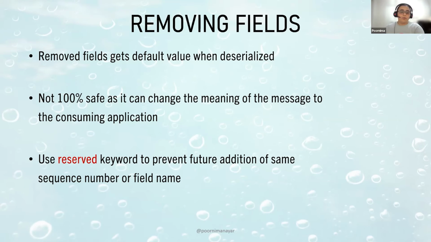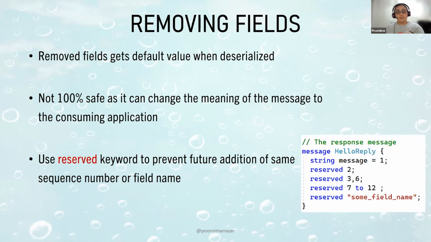But the way you can overcome it is by using the reserved keyword to prevent future addition of the same sequence number or field name. So if you remove a field, make sure that nobody in the future comes and adds it again. And that can be done by using the reserved keyword. You can set a number to reserved, a series of numbers, like a sequence of numbers, or even a field name.